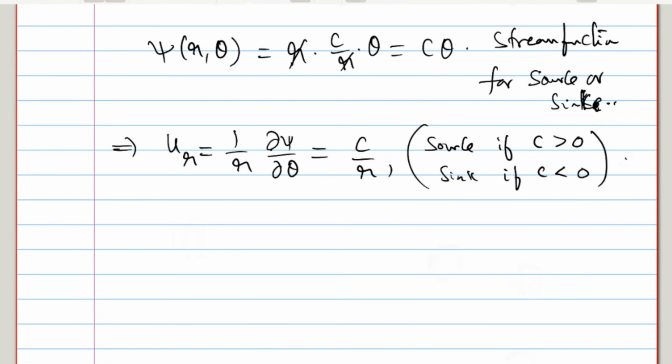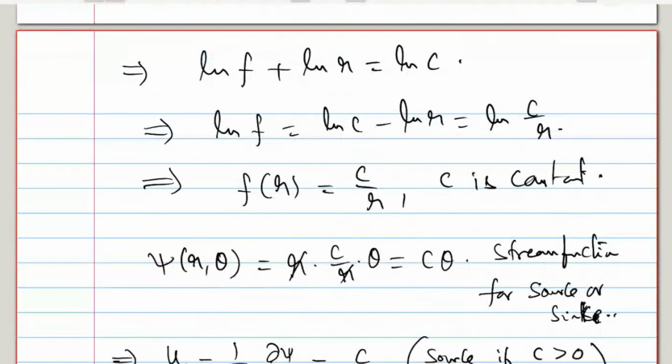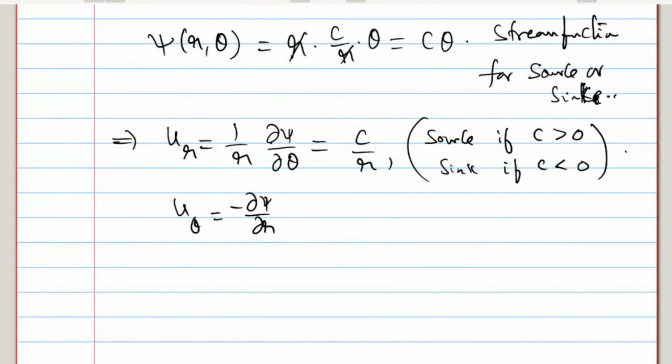u theta is anyway 0, no? What is u theta? Minus dou psi by dou r. So that is anyway 0, since psi is constant times theta. If you do this, that's simply 0. Okay? So this is how you see the sink or source.